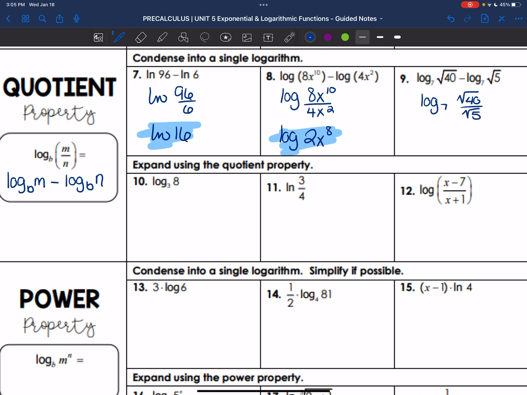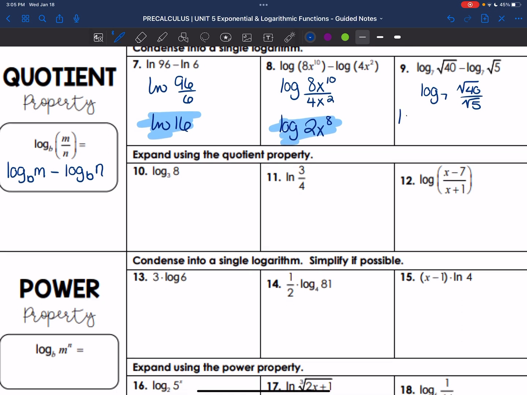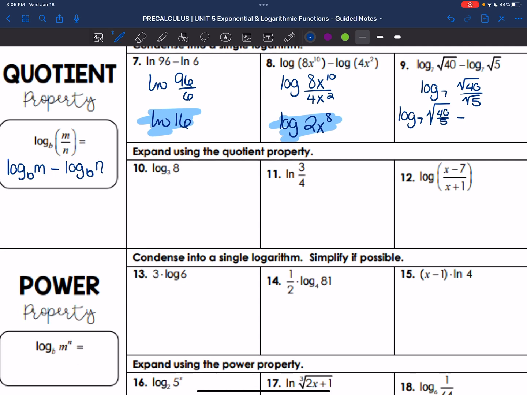Now, what that really means is, what is the log base 7 of the square root of 40 divided by 5? 40 divided by 5 is really just the square root of 8. So quite a bit more simplified than what we started with.